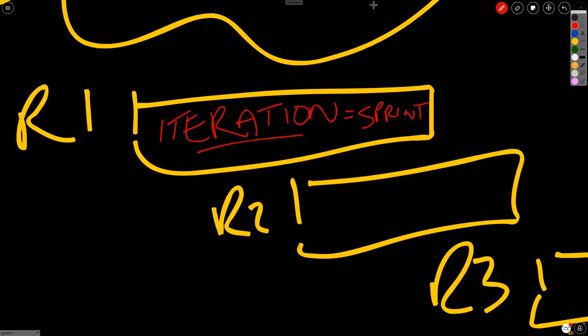So we're breaking down the iteration into the concept of feature sets. Which features are we going to be working on? And features, think about them as clusters of user stories, clusters of things that the customer wants that are released together.